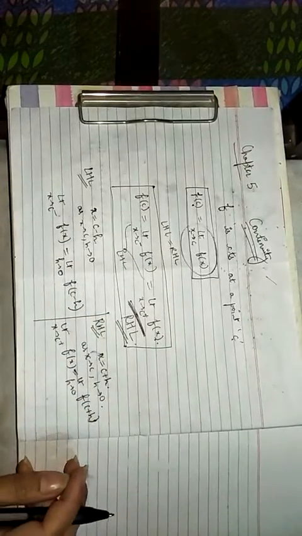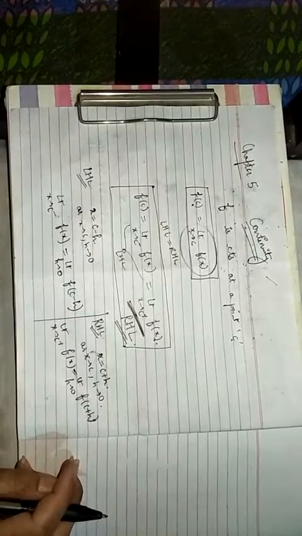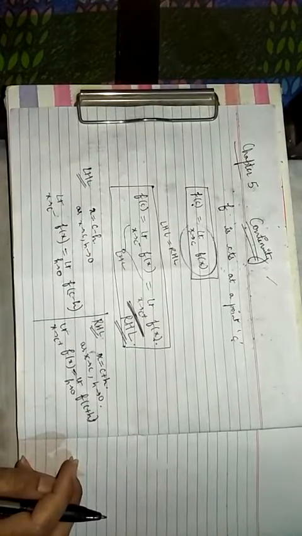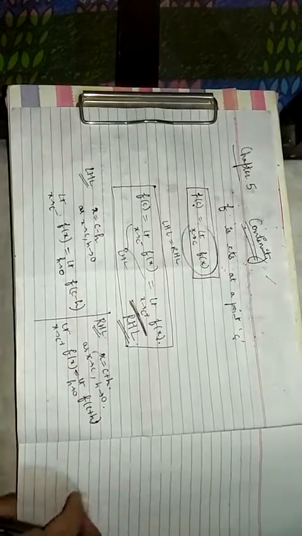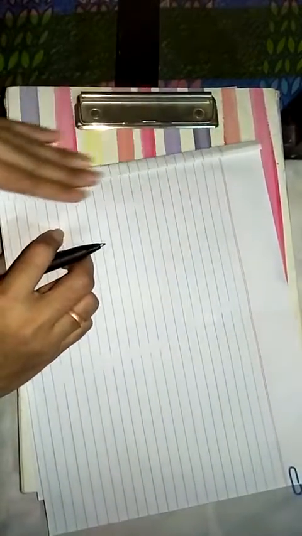Now let us try some questions. I will focus more on some complex examples. Now come to the first example, which is question number 7 from the plus 2 NCERT book.